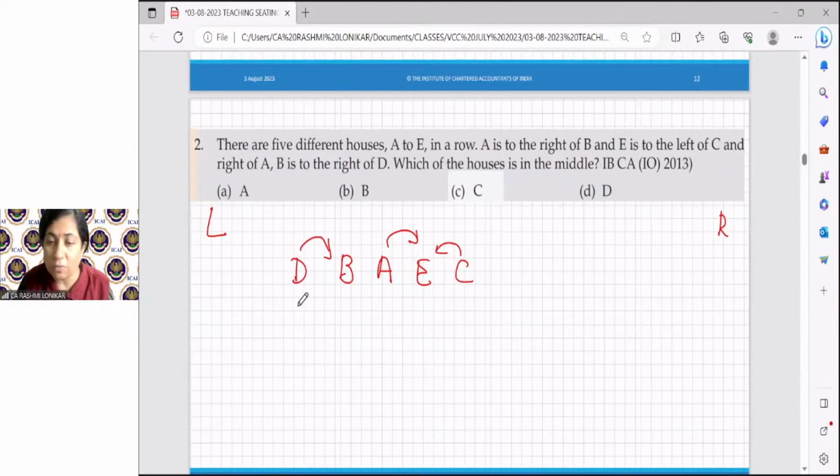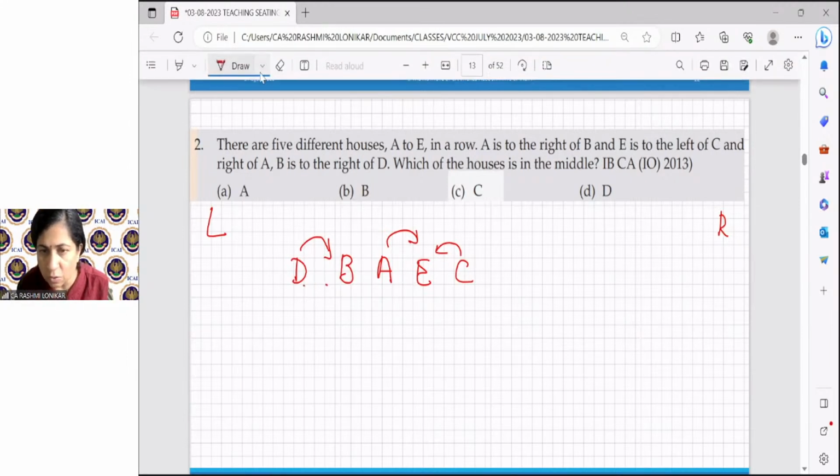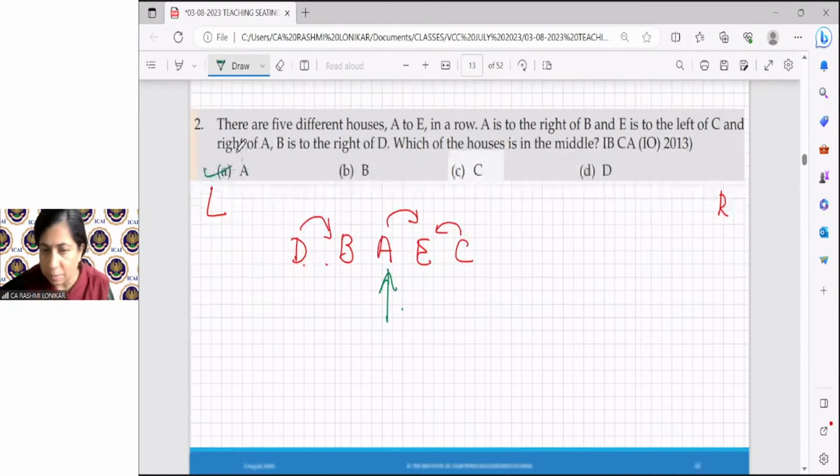To the right of D. Which house is in the middle? 1, 2, 3, 4, 5. So which house is in the middle? A is in the middle. So 2A will be the answer.